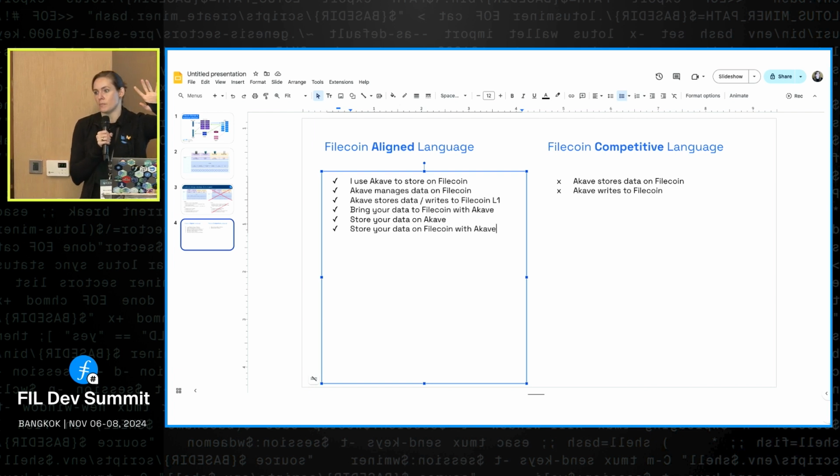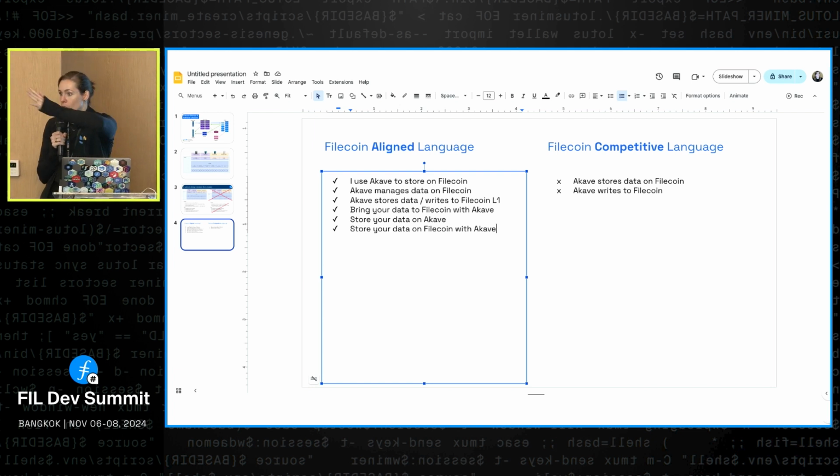You might be attracting people, depending on your entry point, with various different language that appeals to them. But then as you are onboarding and they are using Filecoin, we need to educate them about that. And we can't bury it so far under the hood that people get all the way through the system and it's completely passed them by that they're even using Filecoin or engaging with it.